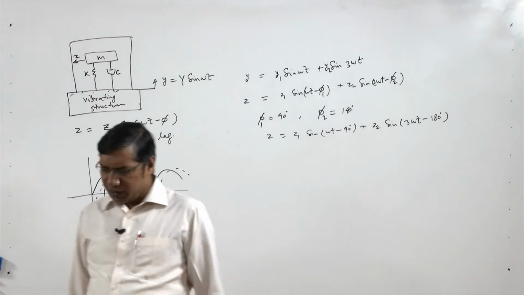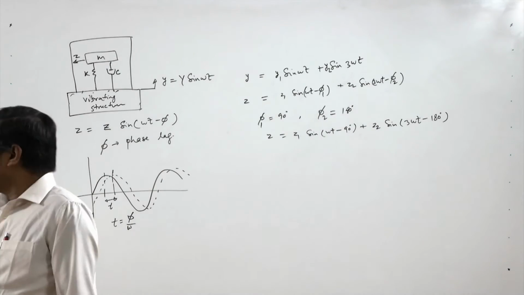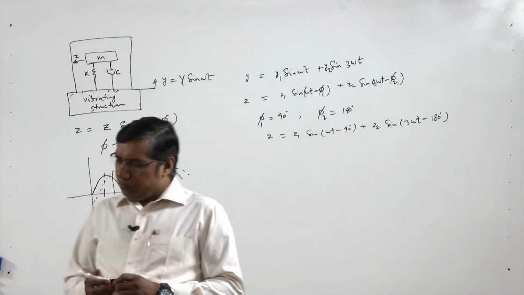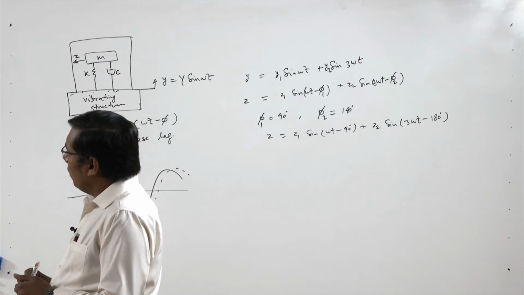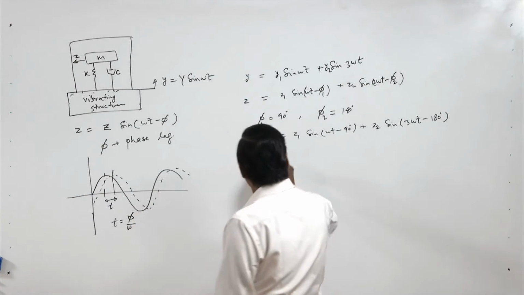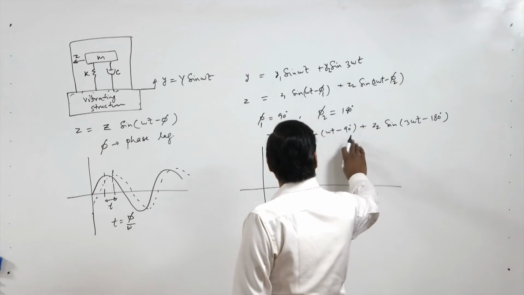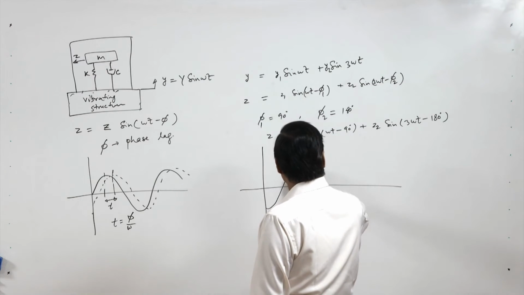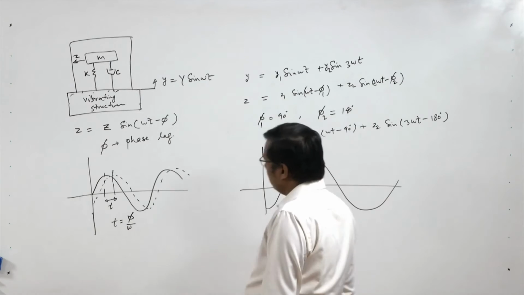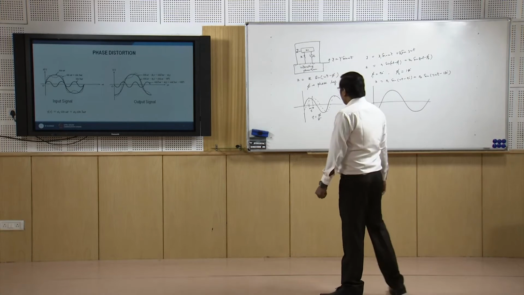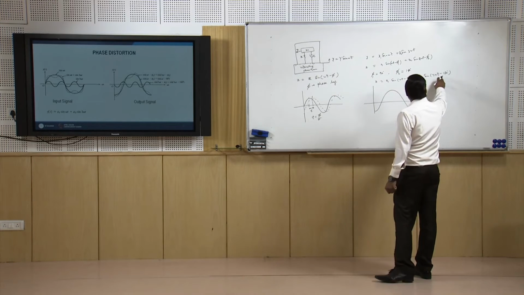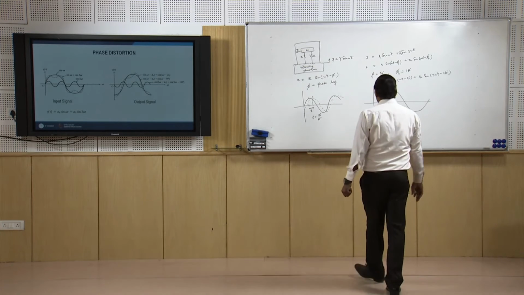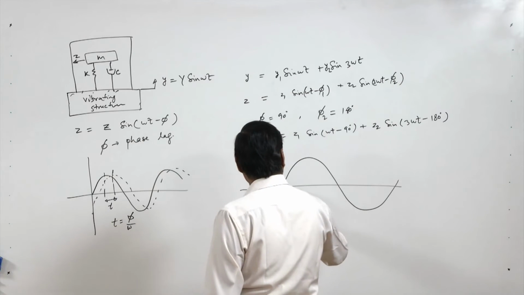Now if we plot these signals and try to obtain their resultant, we can see that one signal is starting with phase minus 90, so it starts like this, and the second signal has a phase of minus 180 degrees, so it starts something like this.